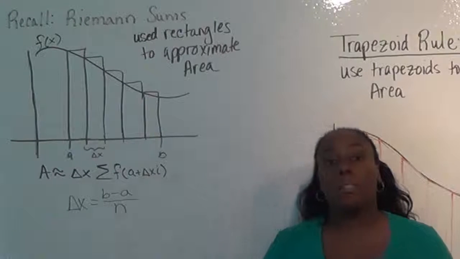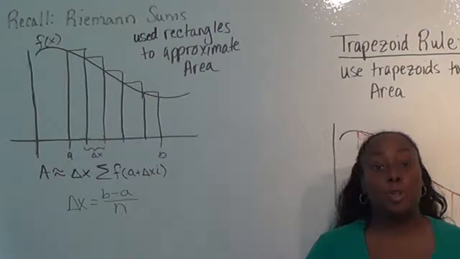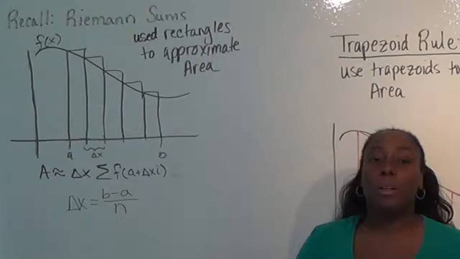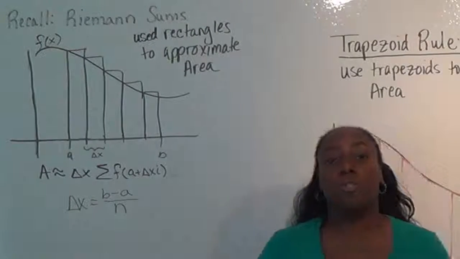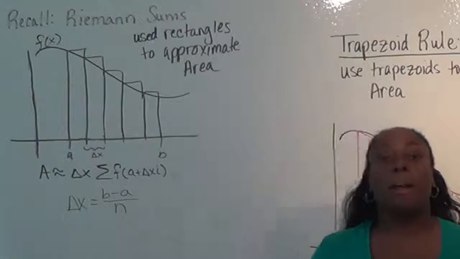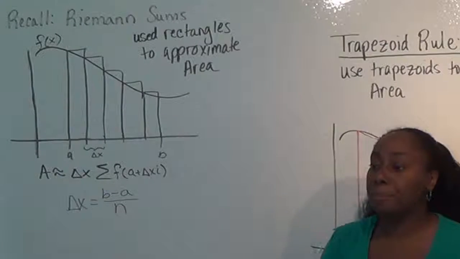Now obviously, because we are going to have you practice these techniques and we want to show you that they're actually working, we're going to give you some functions that you can find the antiderivatives of so that you can check your work. And we'll talk about how good the approximations are by looking at error analysis on them.